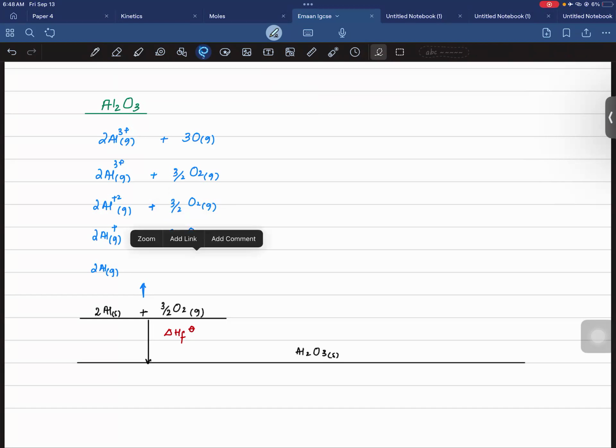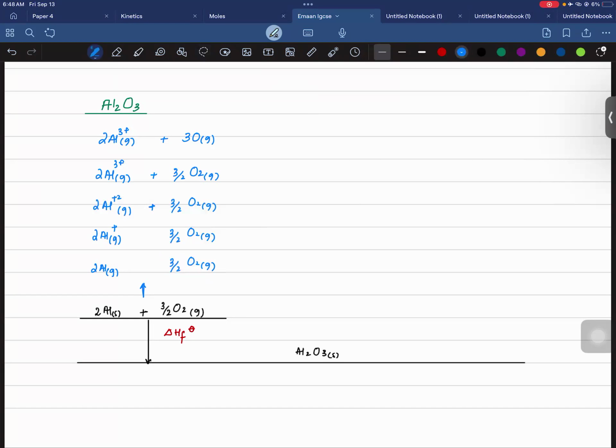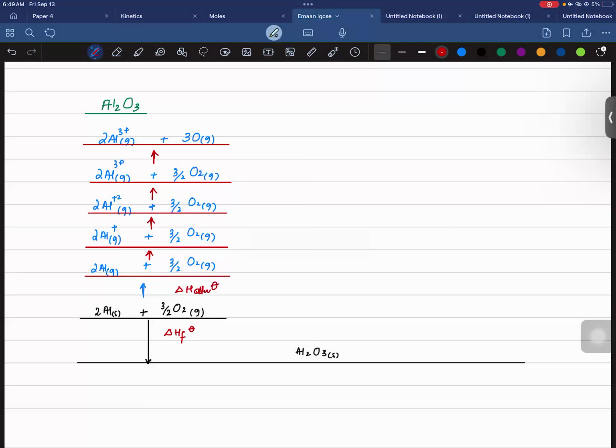And we have this. So this is what? This is atomization, this is ionization first, second, third, atomization.